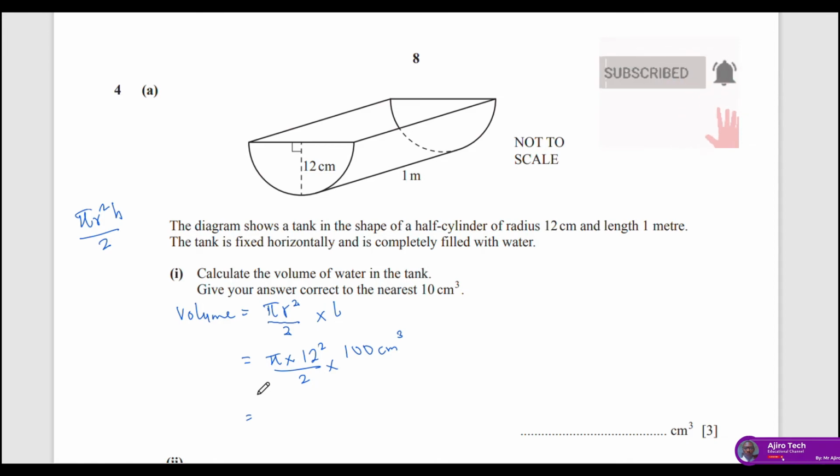You get something like 22619.47 cm cubed. To the nearest 10 cm cubed, we should stop at this point, so we approximate 22620 cm cubed as the volume.